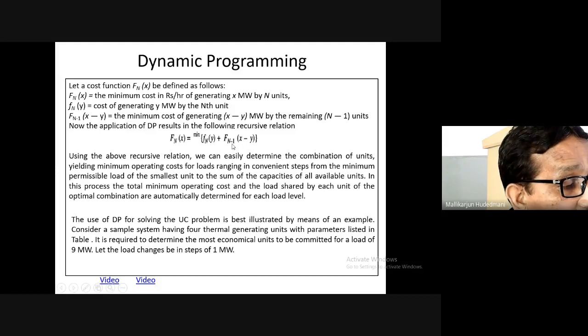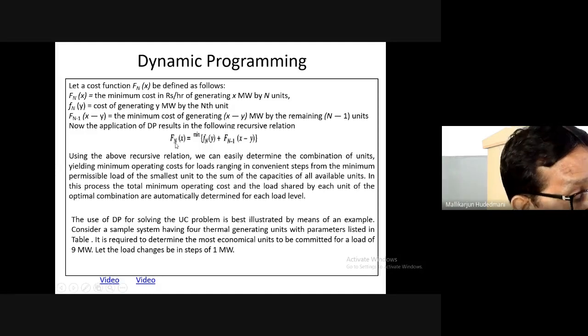So this N minus 1 I have to expand. Suppose capital N equals 10, then the 10th machine you took as your first choice. You are left with the 9 machines. This bracket, if I expand Fn minus 1, will have 9 states.